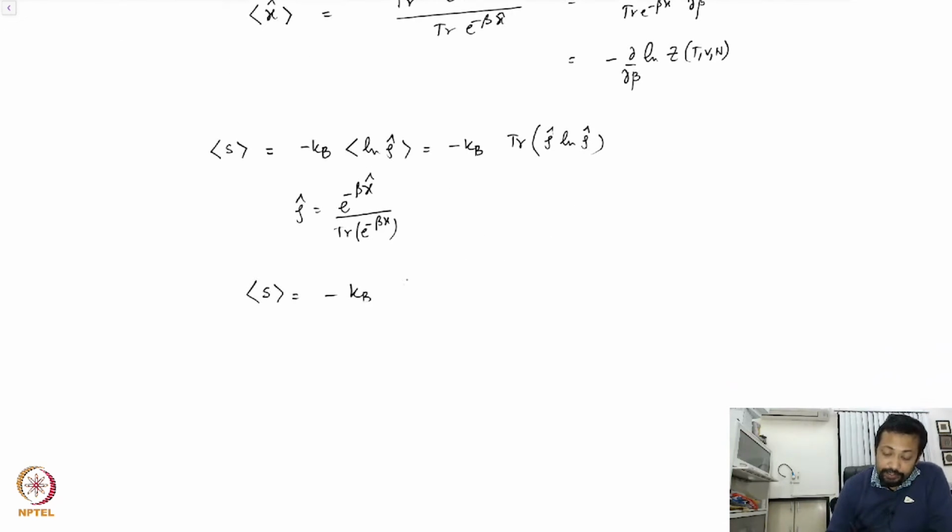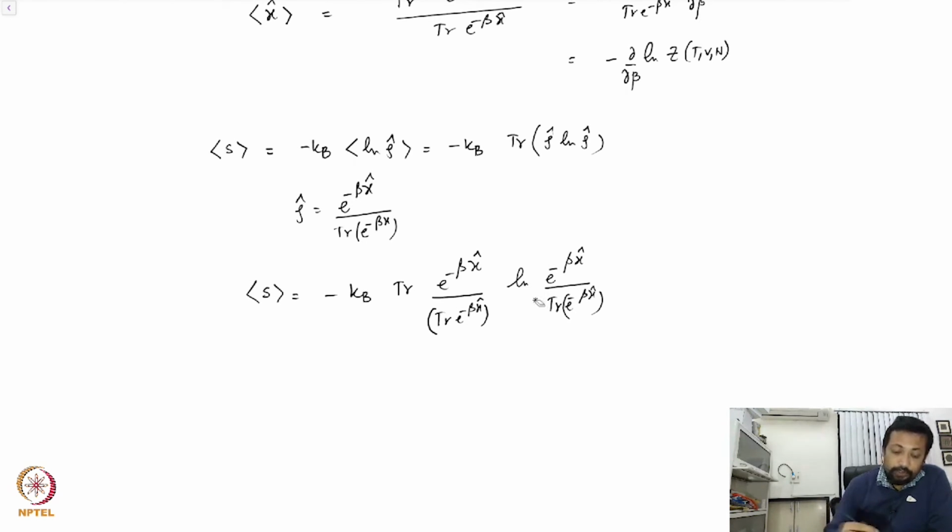This becomes minus kB trace of e to the power minus beta H hat divided by trace of e to the power minus beta H hat, times log of e to the power minus beta H hat divided by trace of e to the power minus beta H hat, right? Good.